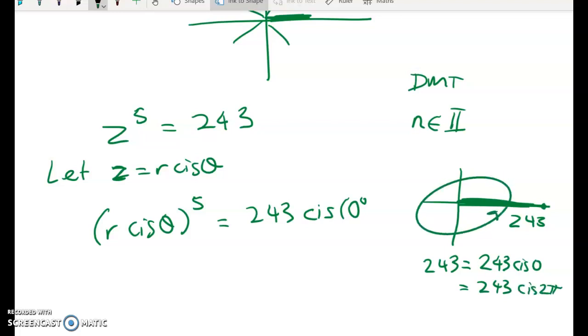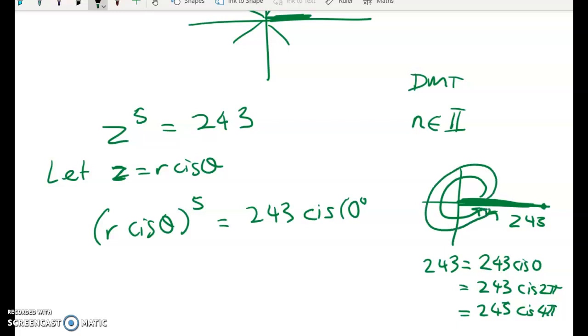I can spin that angle around by 2 pi or 360 degrees. I call this the spin around thing. So that's one rotation of 2 pi. It's also true that 243 is equal to 243 cis 4 pi. So we can spin it again.